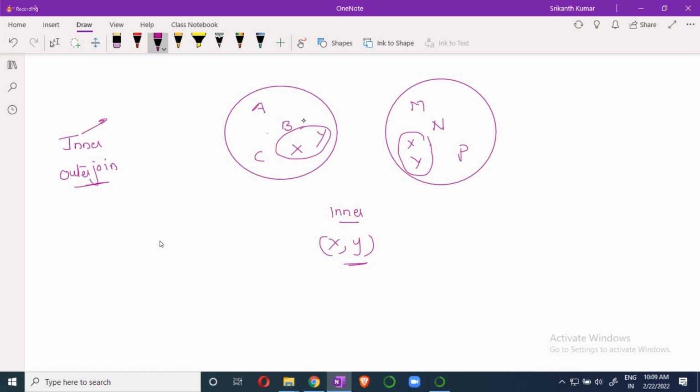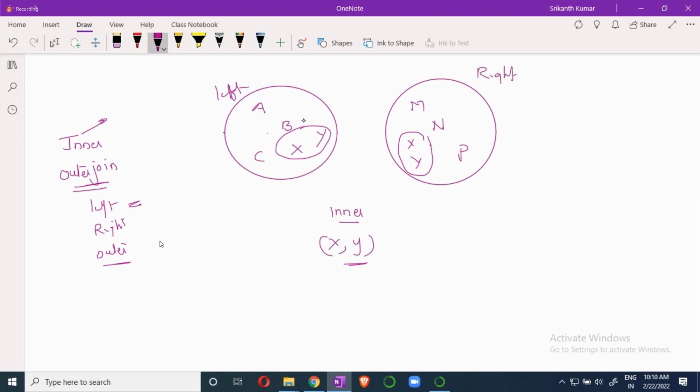Now when I am saying outer, there will again be left outer join, right outer join and full outer join. Left outer join means it will take all the values from the left. This is my left data frame, this is my right data frame.